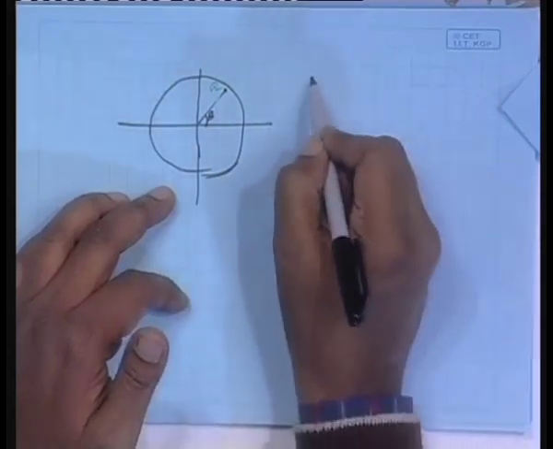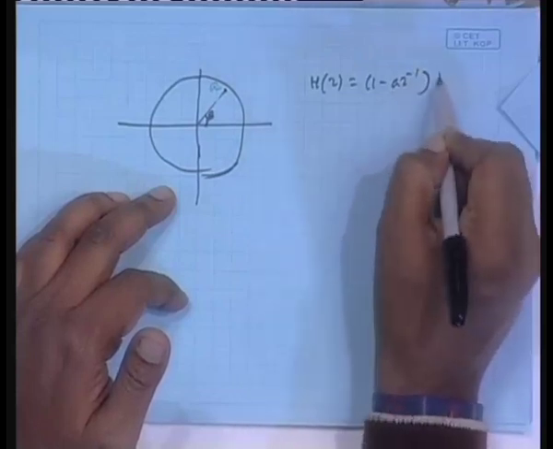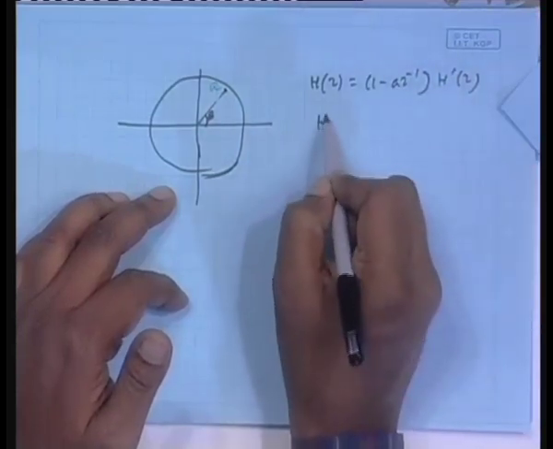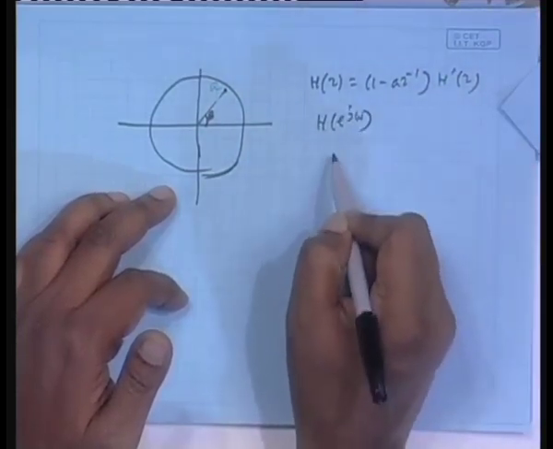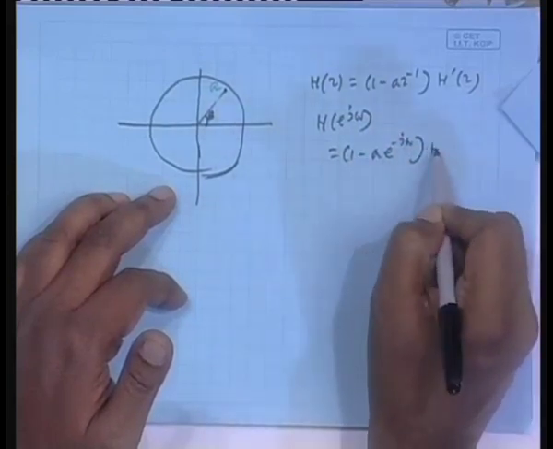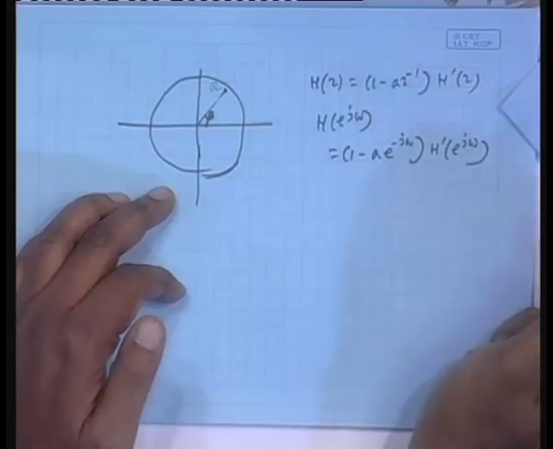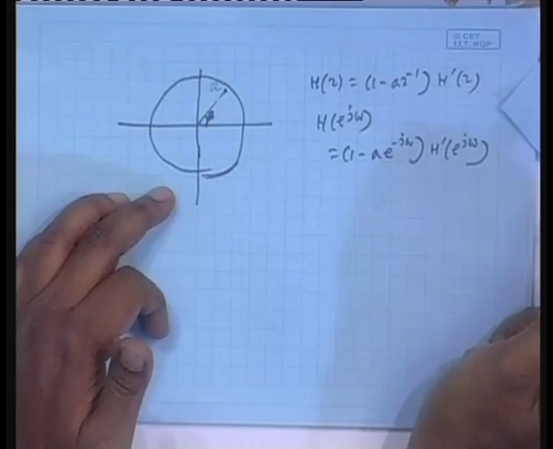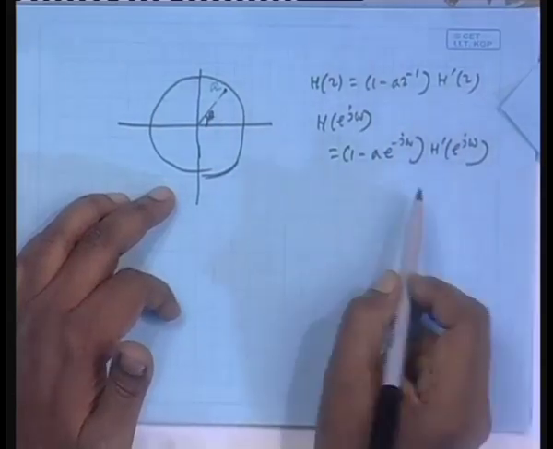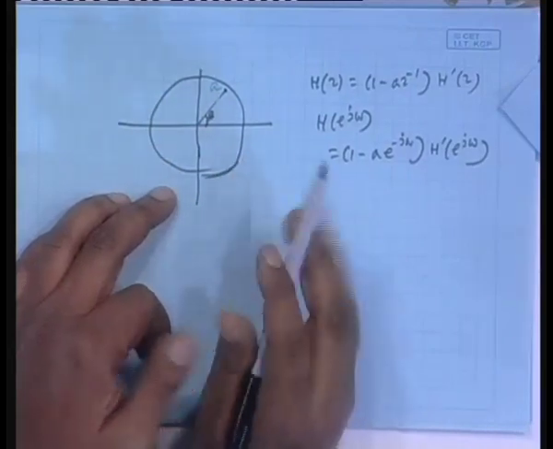Okay. Now, H Z, I am repeating again, was this, some H prime Z. So, if you want to find out the frequency response, it will be 1 minus A e to the power minus j omega. Now suppose omega is changing, I move omega from 0 to 2 pi or minus pi to pi.